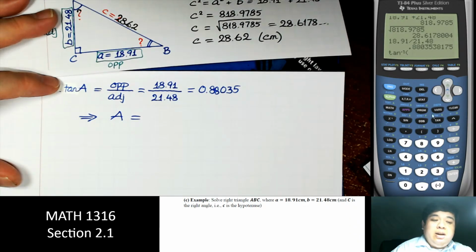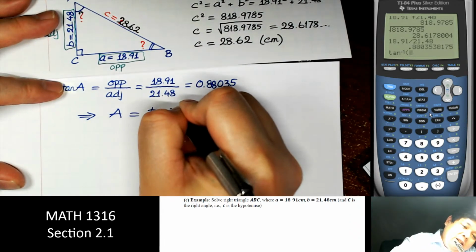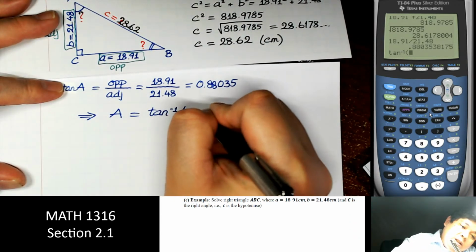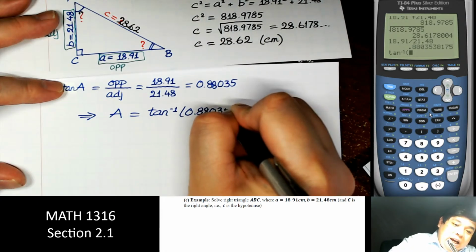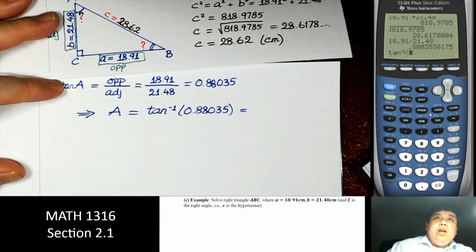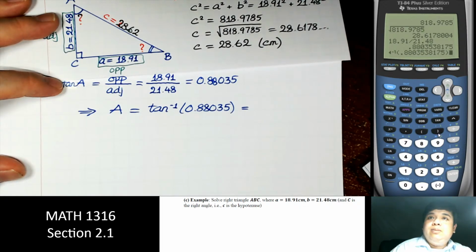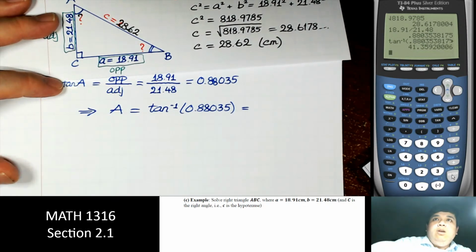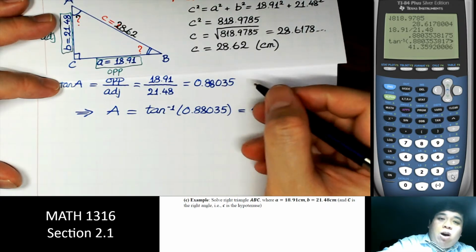It is tangent inverse, and it will take a ratio and return an angle. So we do tangent inverse, second tangent, and then just highlight the number, copy and paste, and hit enter. I got 41.3592.